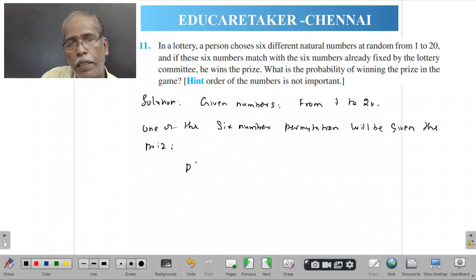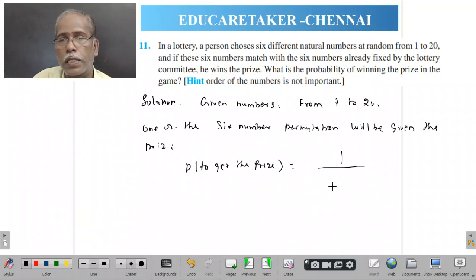Then the probability to get the prize is one out of the available arrangements from 20 numbers, selecting 6 and rearranging. So 20P6 is the total number of sample points. So 1 by 20P6 is the required probability.